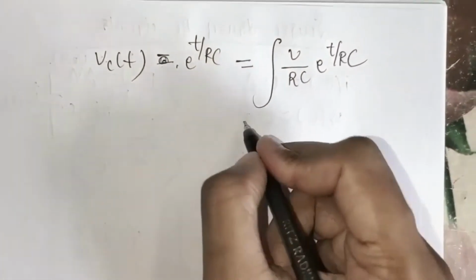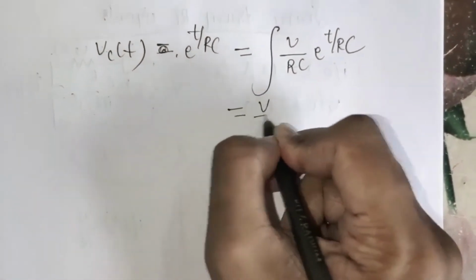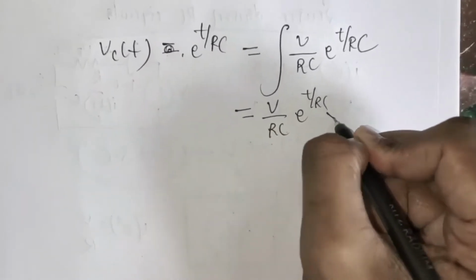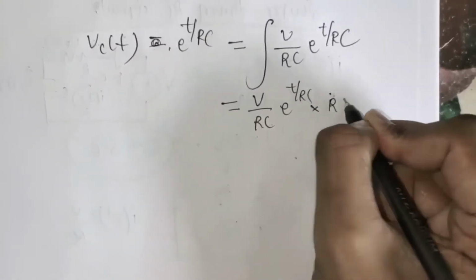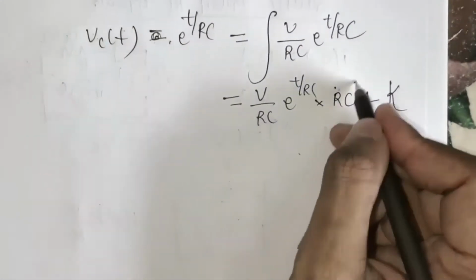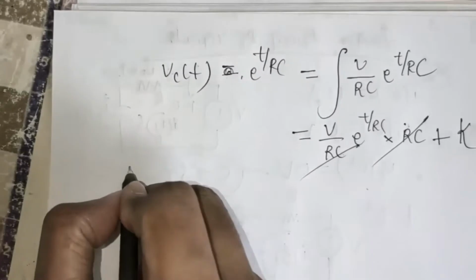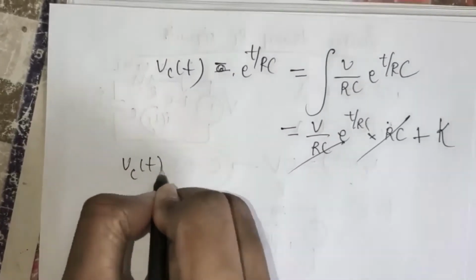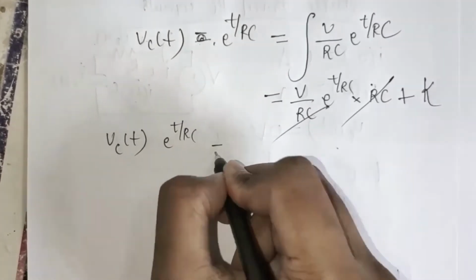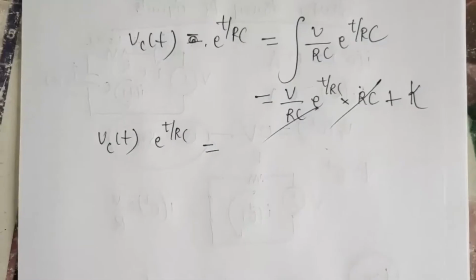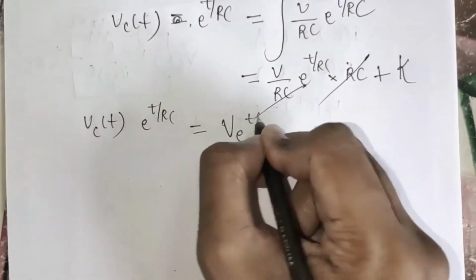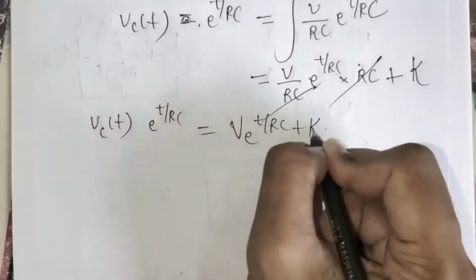So when I integrate, this becomes V by RC into e power t by RC into RC plus some constant k. So RC will get cancelled. So Vc of t into e power t by RC will be equal to V into e power t by RC plus constant k.